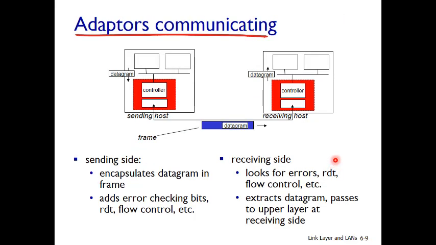So when two adapters are communicating, on the sending side, the adapter would encapsulate the datagram into a frame, add any error checking bits, perform any reliable data transfer, any flow control, and then send off the frame. On the receiving side, it receives a frame, it looks for errors, does any reliable data transfer if that's part of the protocol, any flow control, and then it would extract the datagram and pass it to the upper layer at the receiving side.